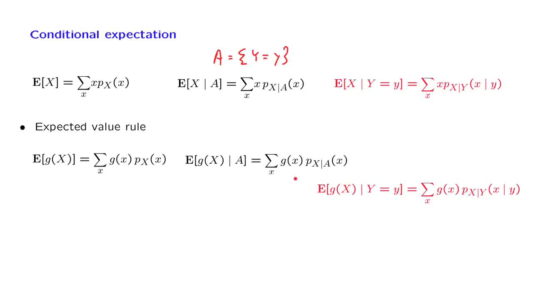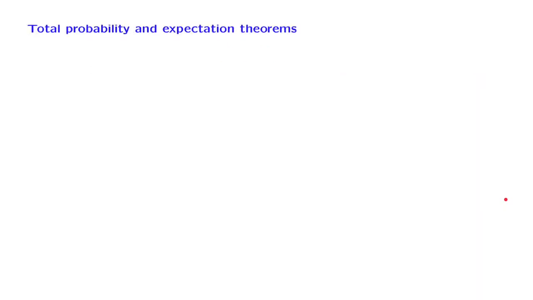The event A is replaced by the specific event that y takes on a specific value, and in that case, the conditional PMF given the event A is just the conditional PMF given that random variable y takes on a specific value, little y.